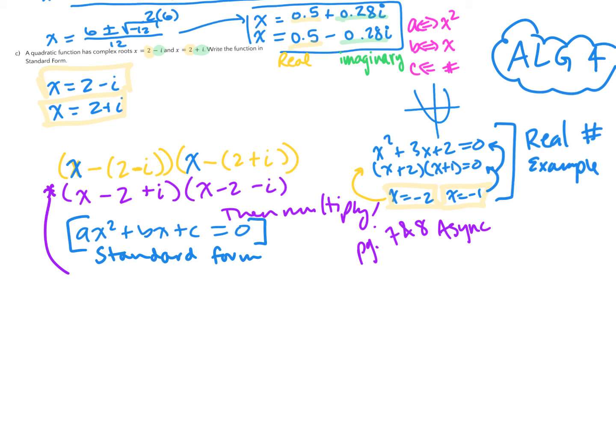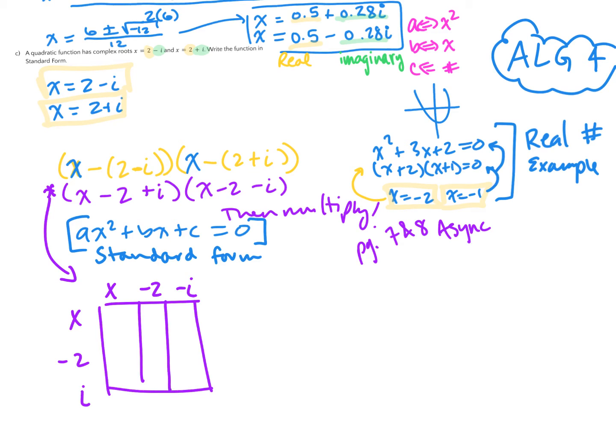So I'm going to multiply now. One thing that we like to show y'all is the area model, especially if I have like 3 terms, then it's nice to do the area model, just so you don't lose anything.